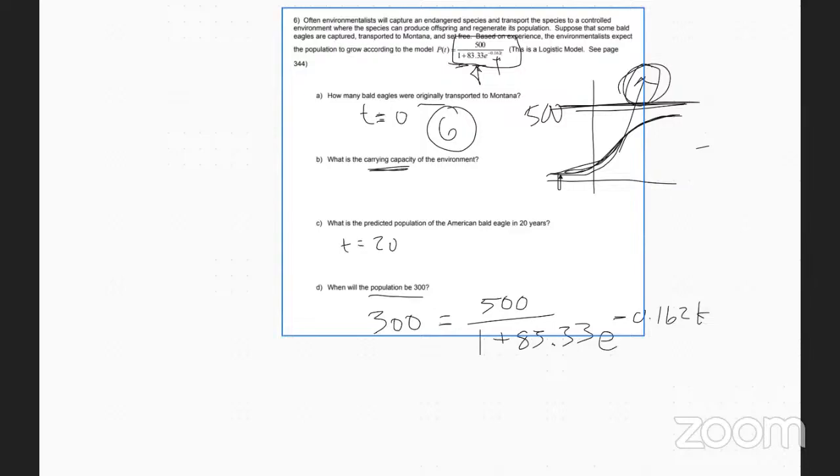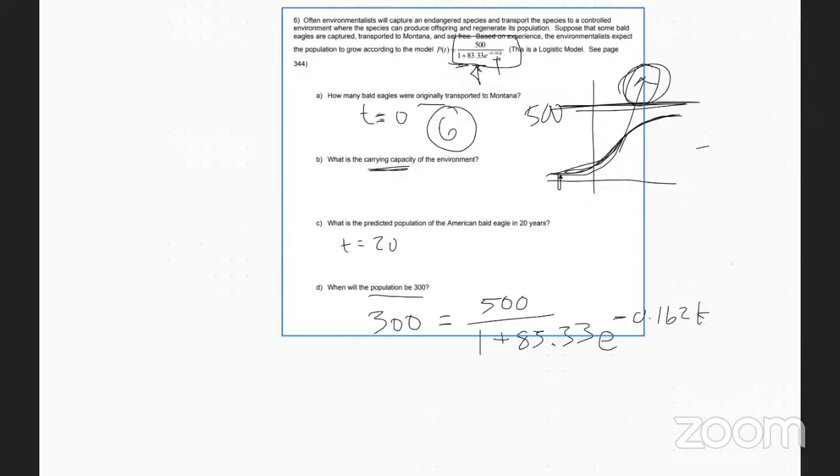One is a constant, but I wouldn't call 83.33 a constant. I would call it a coefficient because it's being multiplied by e raised to a power. Constants stay the same. Okay, that makes sense. That formula now makes much more sense.